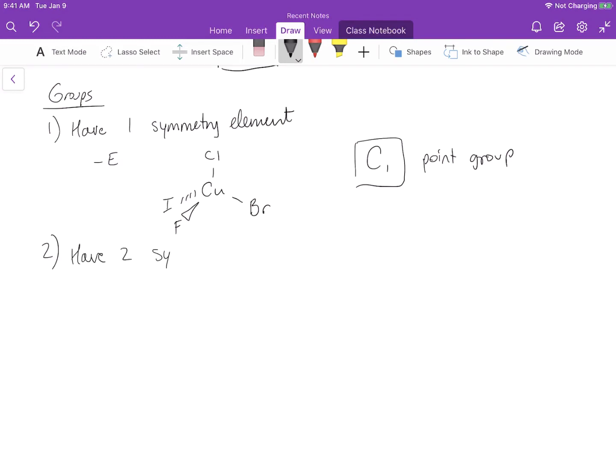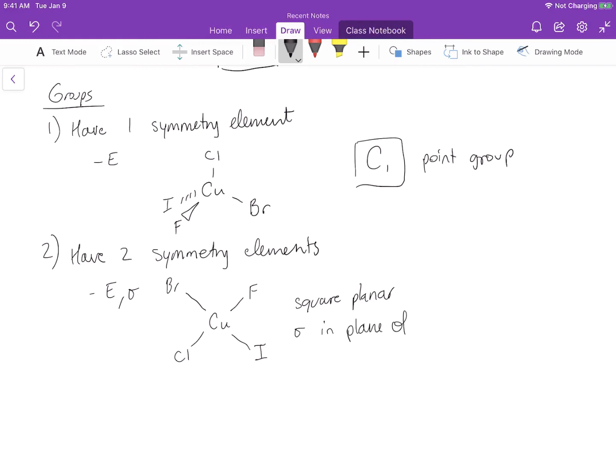Some have 2 symmetry elements. So if we have, for example, E and a mirror, so this would now be, for example, this complex. So here we're drawing it as square planar, so that means that it's flat. So your sigma is in the plane of the paper. And so this would be a Cs point group.